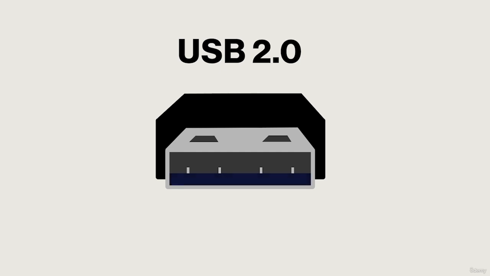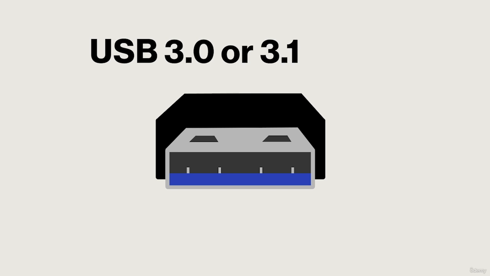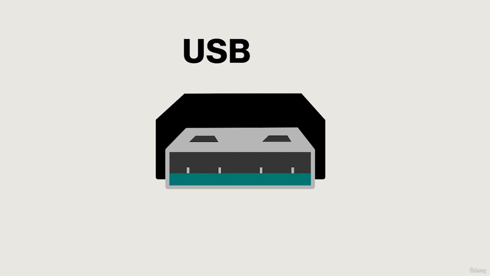Now, if you see a blue one, now notice this is a nice kind of a neutral blue here, that's either going to be USB 3.0 or USB 3.1, probably USB 3.1 Gen 1. If you see a pretty teal connector like this, you can pretty much be guaranteed that that's going to be USB 3.1.